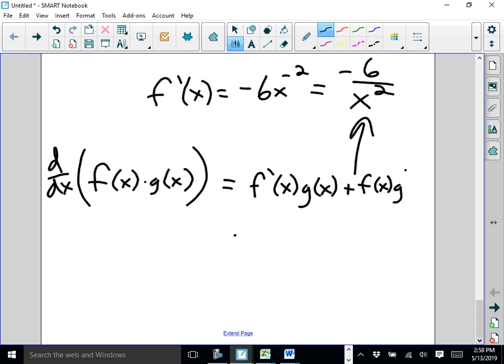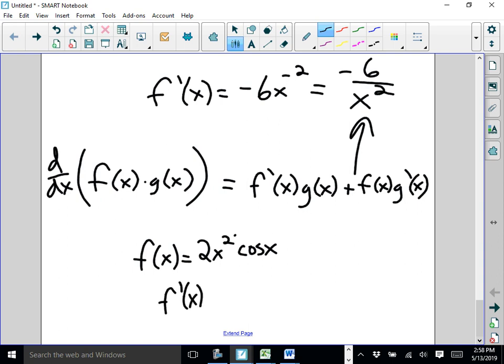So if I know that f of x equals 2x squared cosine x, to do f prime, I'm going to need to do the product rule. I do the derivative of the first, which is 4x, times the second, cosine x, plus the first, 2x squared, times the derivative of the second, which is negative sine of x.